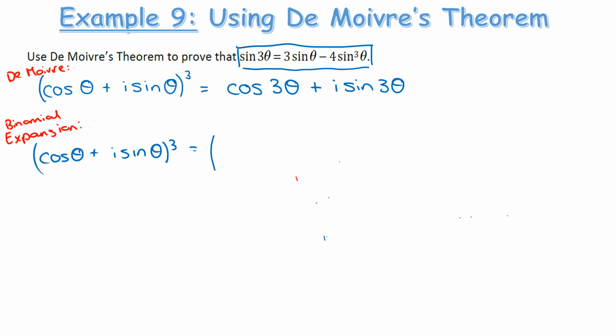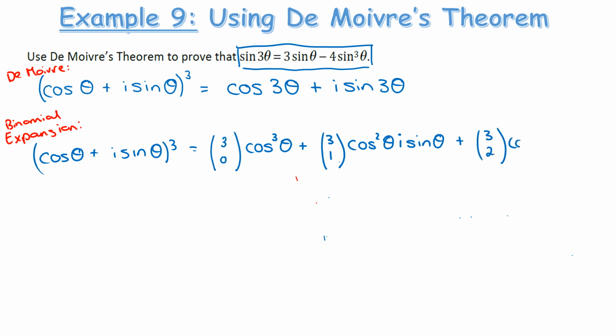So the expansion is n choose 0, so that's 3 choose 0, and it's going to be the first term, cos of theta, all to the power of n, so that's cos cubed theta, plus 3 choose 1, and then that's going to be cos squared theta multiplied by i sine theta, plus 3 choose 2 cos theta, and it's going to be i sine theta all squared, so just make sure that i is squared as well.